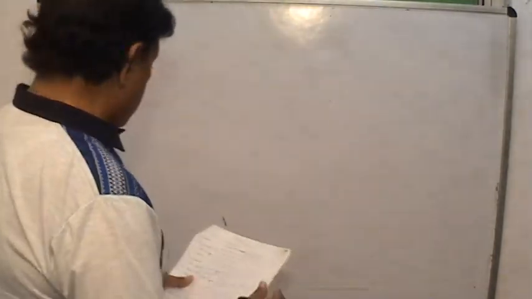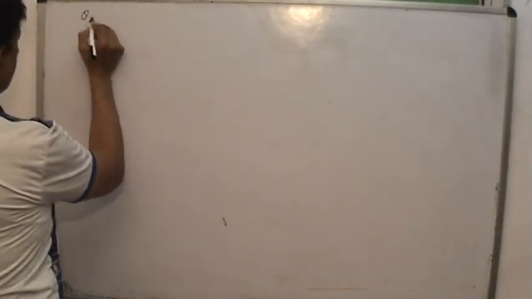Now let us start from a particular example of this situation. It means a particular example of a recurrence relation of homogeneous type. Let us see. Here is the formulation of the problem.